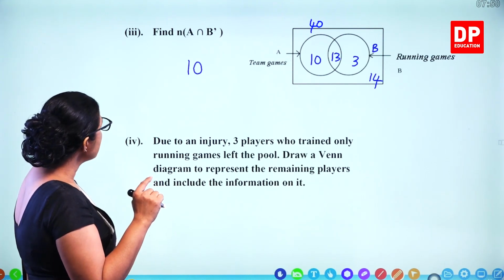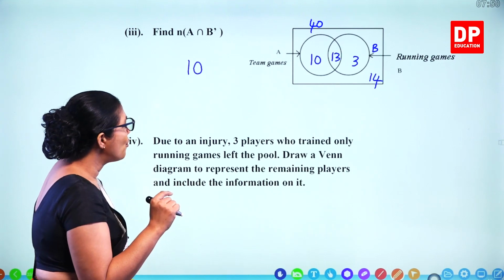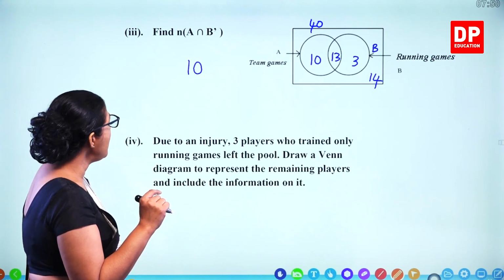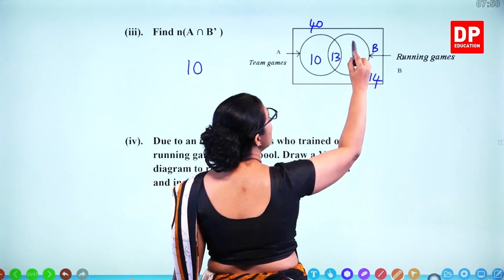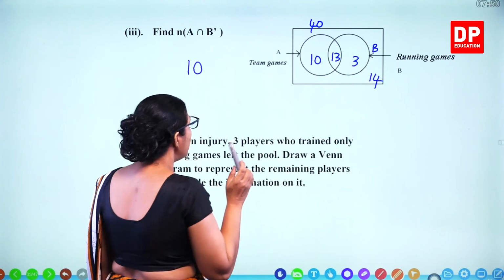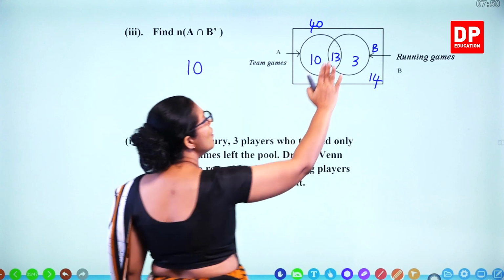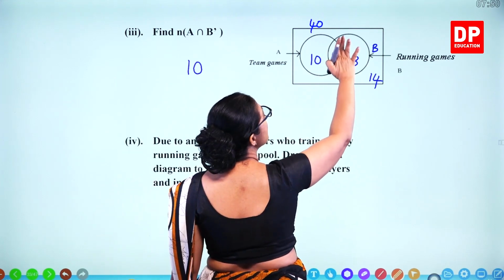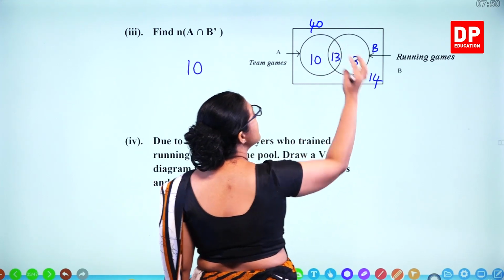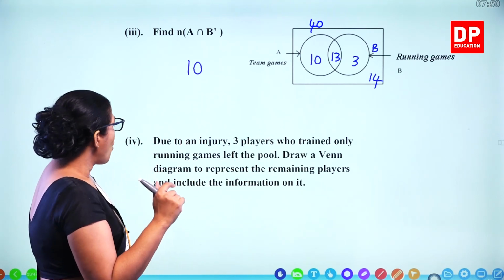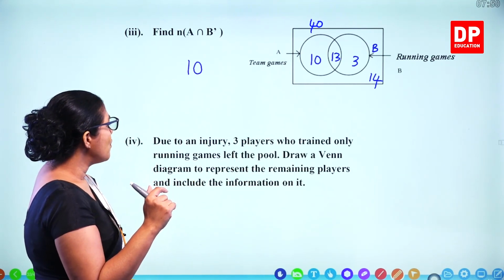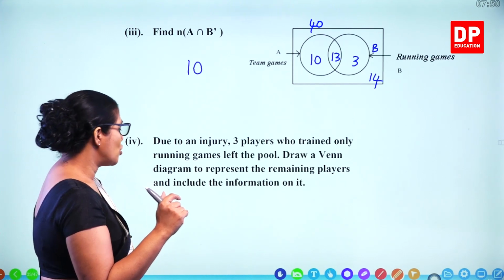Then the last part: due to an injury, 3 players who trained only running games left the pool. So this one, only running games, left the pool. So now there's no part here. So that means the B circle is fully inside A. Draw a Venn diagram to represent the remaining players and include the information on it.